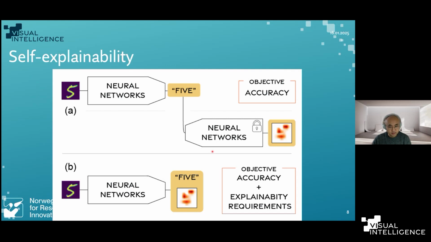This figure contrasts those two things. The upper one relates to post-hoc explainability, the lower one to self-explainability. We have the same input, hopefully the same network, but slightly different. In the end, we want to have both the prediction and its explanation. In the upper case, in order to make a good prediction, the objective function should include the term related to accuracy. But we also want to have a good explanation.